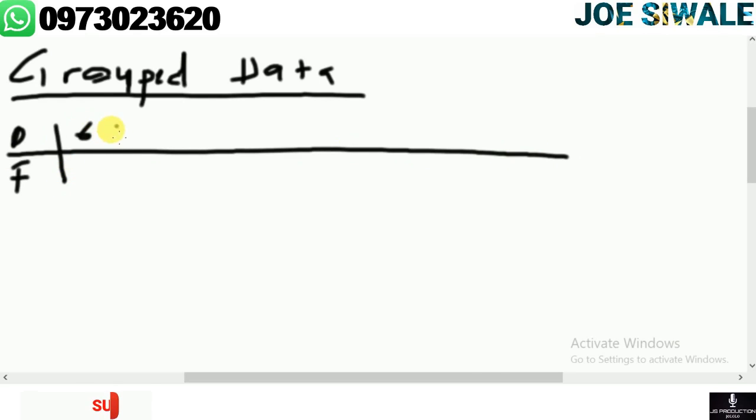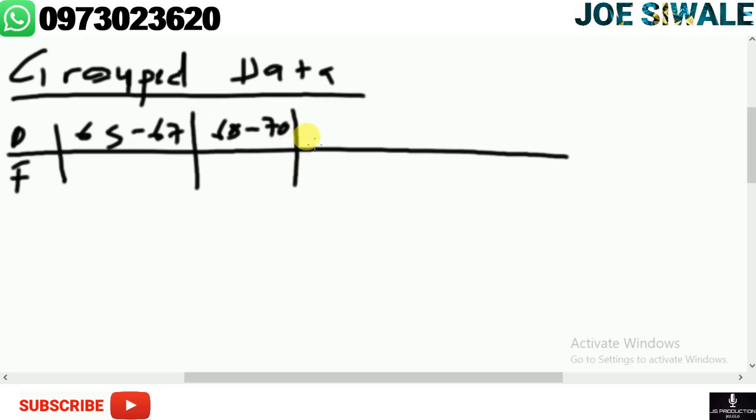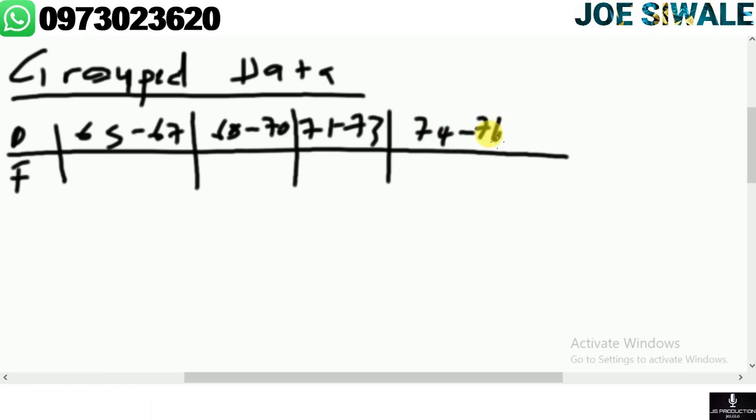You have 65 to 67. You also have 68 to 70. Then you have 71 to 73. Then you also have 74 to 76.